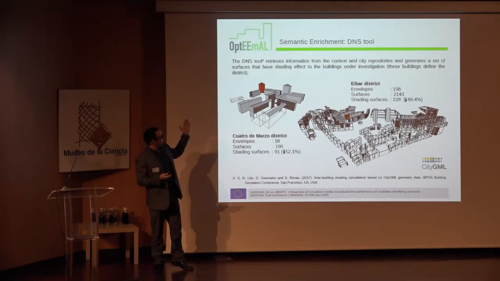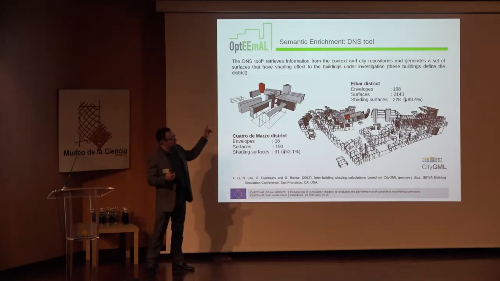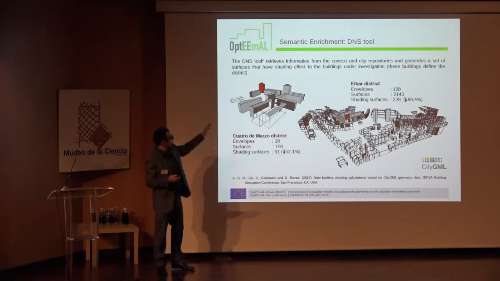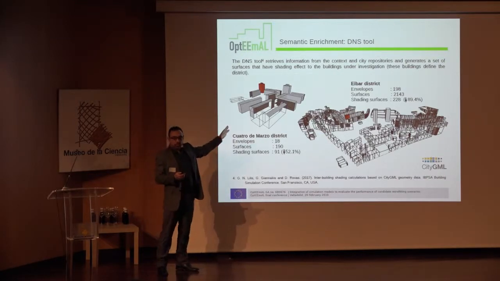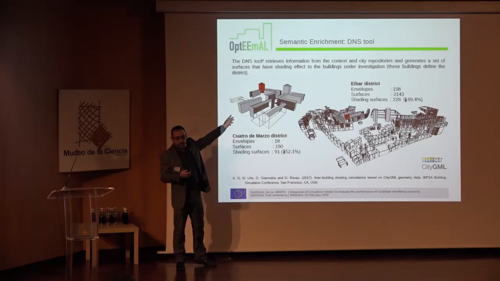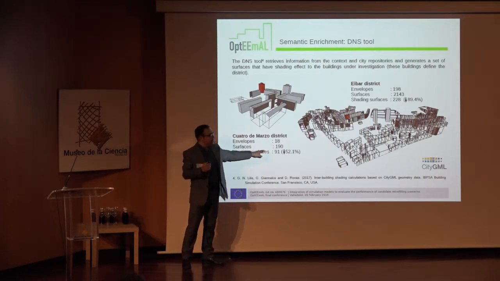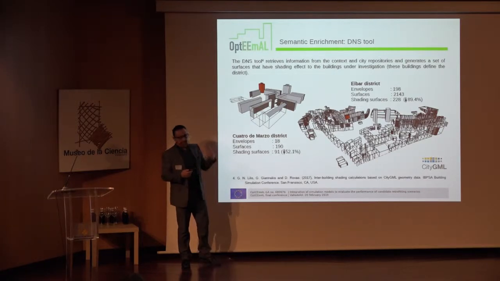What it does, it calculates a set of shading surfaces that affect the building of interest through the whole year. So for example, here on the left, you see this calculation for the Quadro de Marzo district. We selected one of the simulated buildings, the Turina Torre building. We get for this building, through the whole year, 91 surfaces out of 190 surfaces that affect this building by shading.